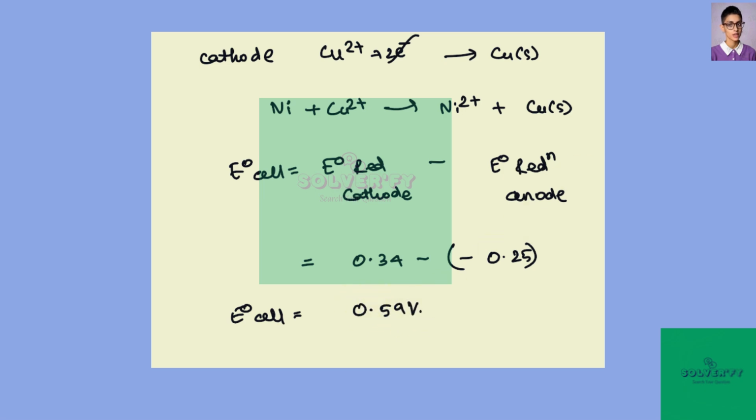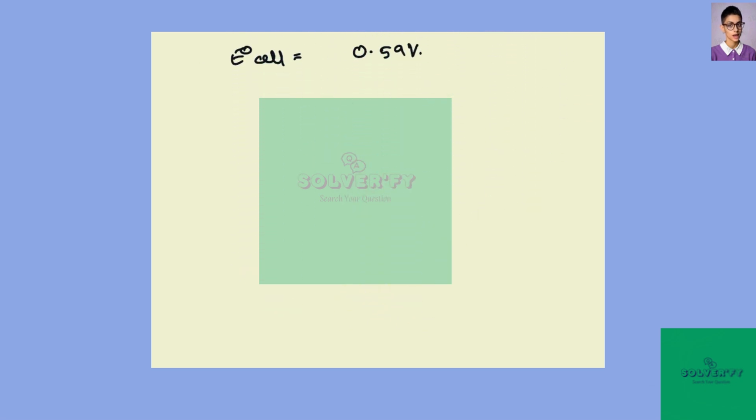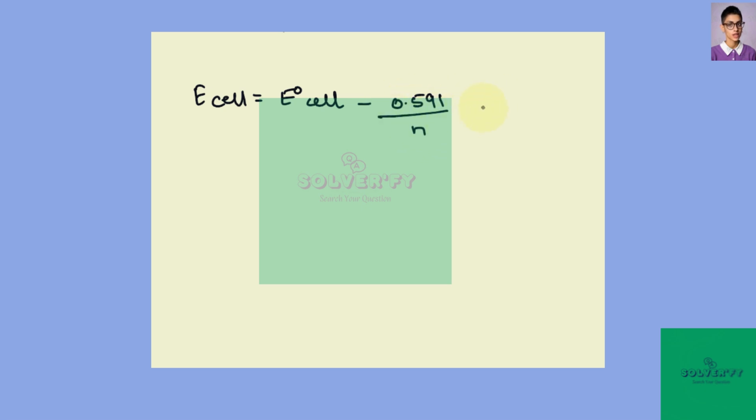It is given that this reaction is taking place at the standard condition, that is at 25 degrees Celsius. Therefore, the Nernst equation we can write here is E cell is equal to E0 cell minus 0.591 upon n, where n is the number of electrons, log of nickel 2 plus ion concentration divided by copper 2 plus ion concentration.